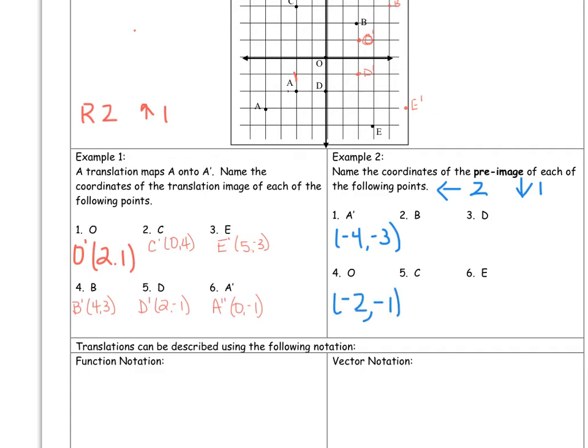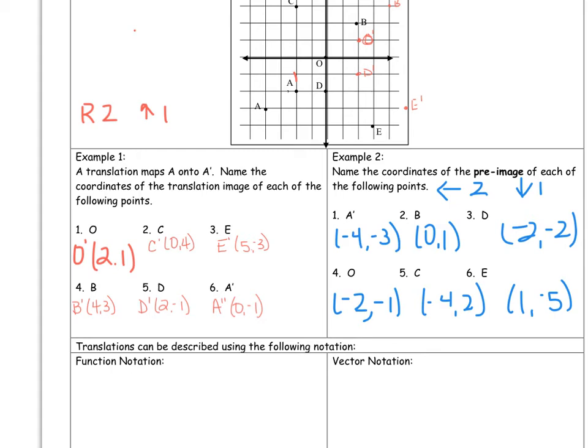So again, we're going backwards. So go ahead, find the coordinates for the pre-image of B. If it were translated, we're going backwards, left 2, down 1 for C, for D, and for E. Okay, go ahead and check your answers. So for B, it was 0, 1, D, -2, -2, C was -4, 2, and number 6E was 1, -5.